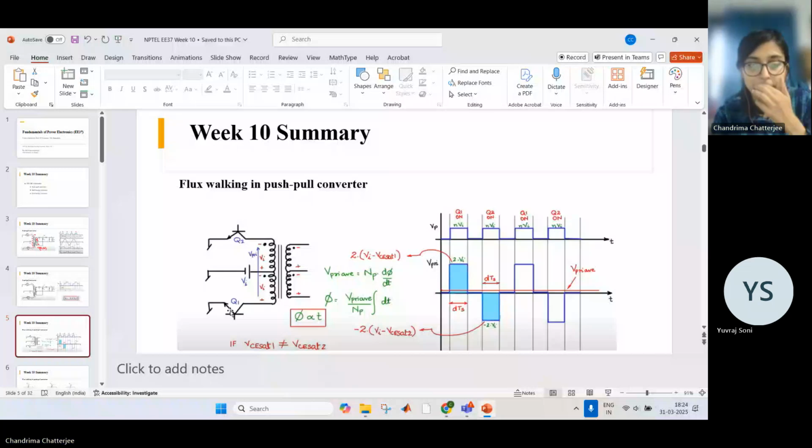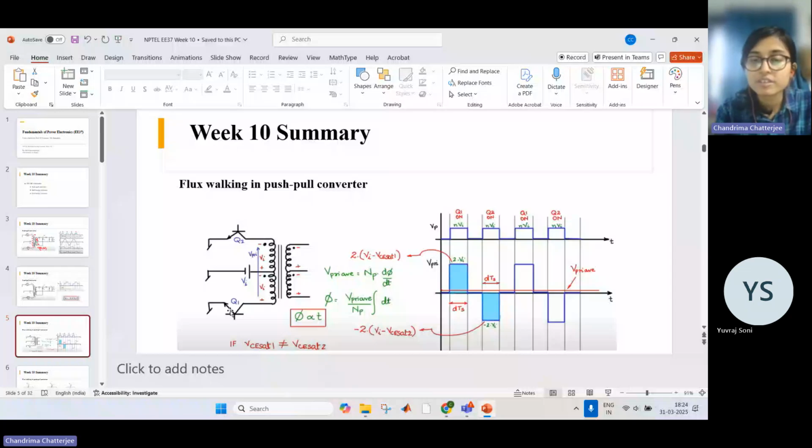But actually, if you consider the drop across the device, then it will be 2 VI minus VCE(sat)1 when Q1 is on, and during this time it will be 2 VI minus VCE(sat)2 when this switch is on.